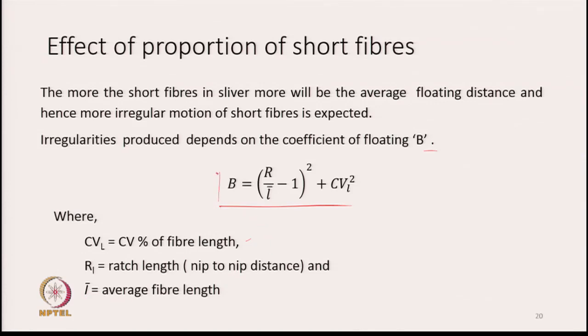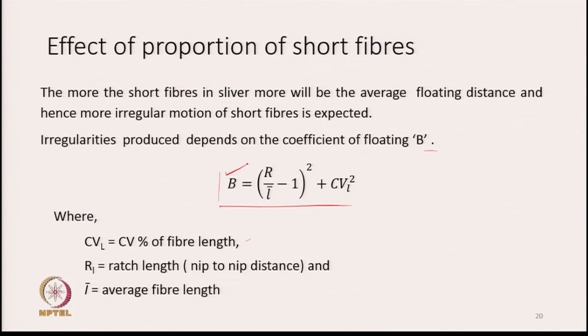This is an empirical equation, and we see here that if the short fibers are more, that means CV of fiber length also will be more, and therefore, your coefficient of floating value is going to be more, and that means more irregular the sliver would be.